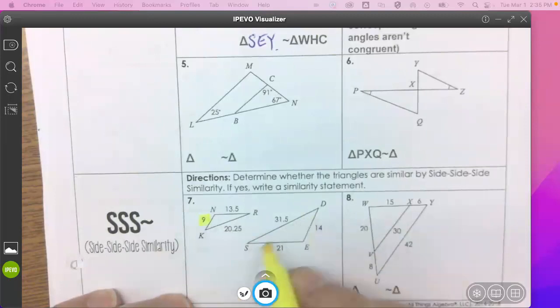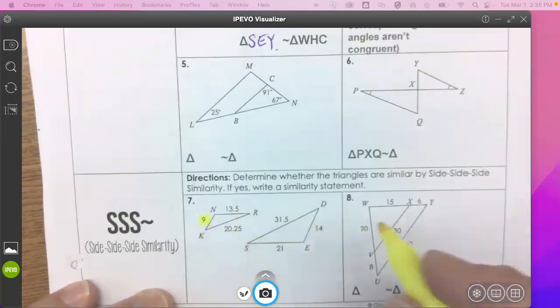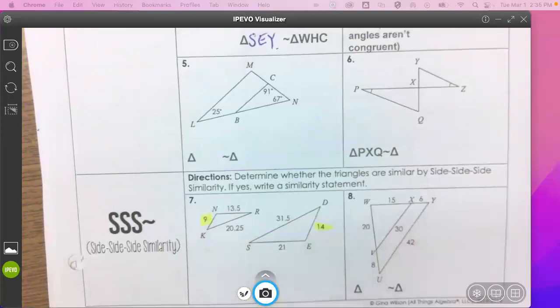We can't use the word hypotenuse because that refers to a right triangle specifically, and we don't know that with certainty. But would you say this 9 is the smallest, the mediumest, or the largest side? So what's the corresponding side over here? 14. Those two line up.